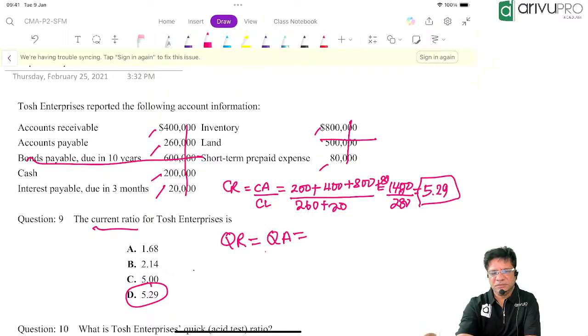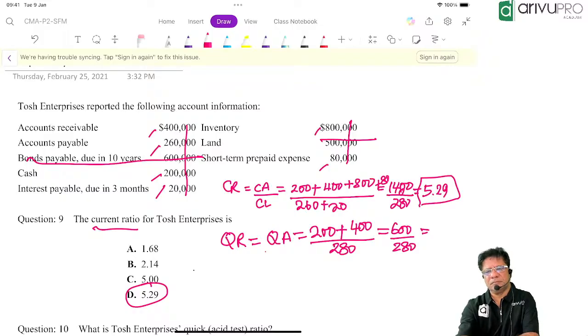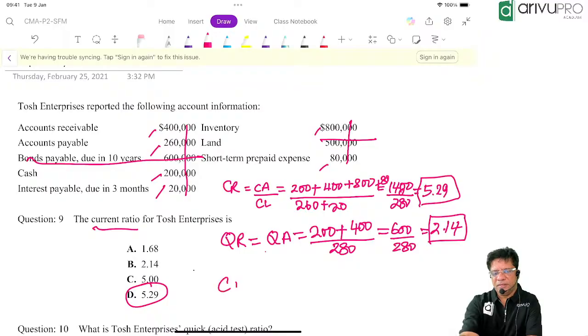Cash 200 plus accounts receivable, no inventory, no prepaid, divided by current liabilities, same 280. 600 divided by 280, how much? 2.14. Then cash ratio.